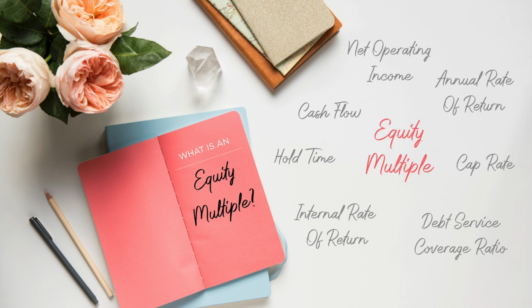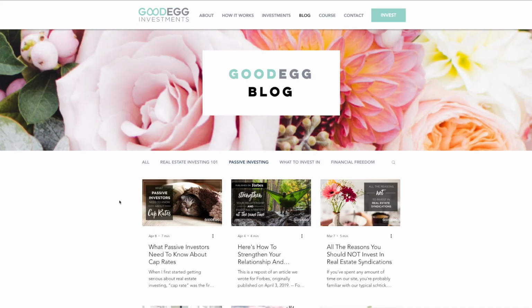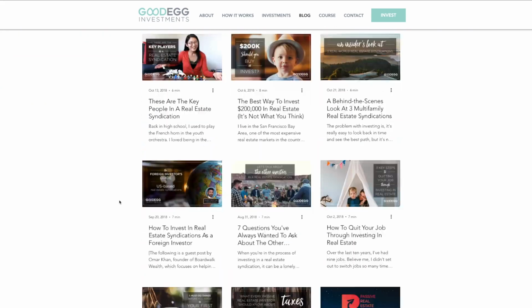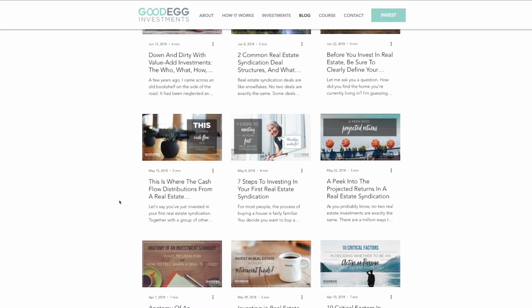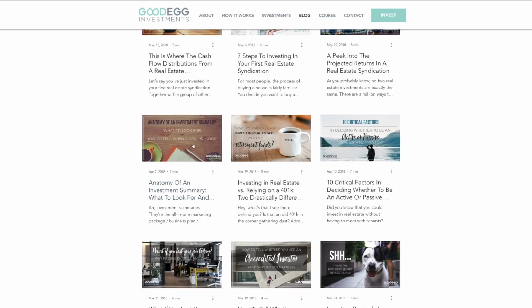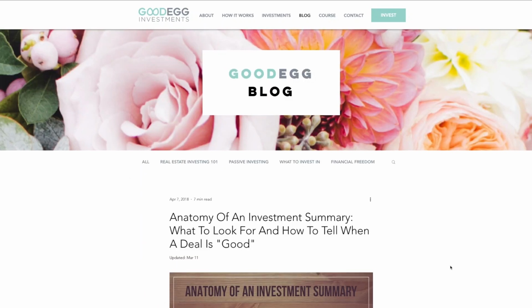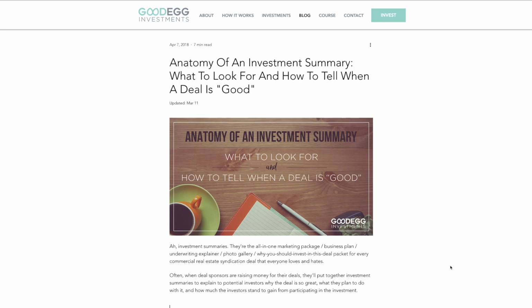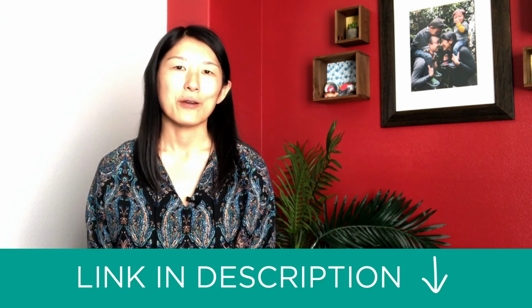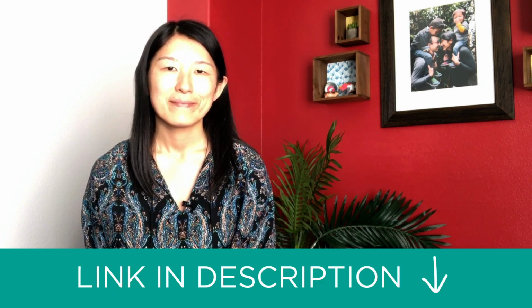So for a walkthrough of a mock deal, be sure to check out our Anatomy of an Investment Summary article. There, you'll find information about the equity multiple, the internal rate of return, and other important information for passive investors to know.